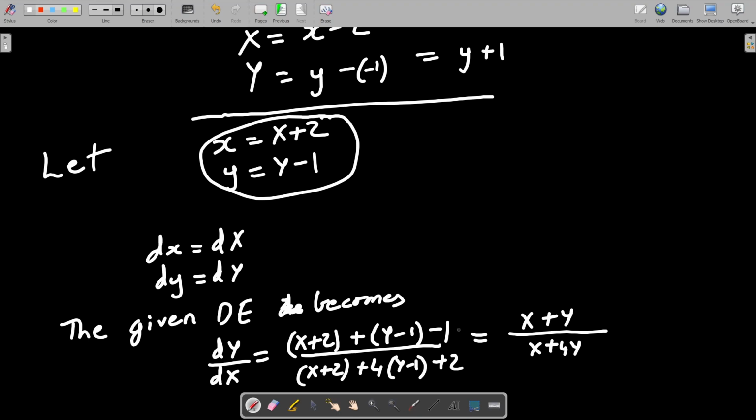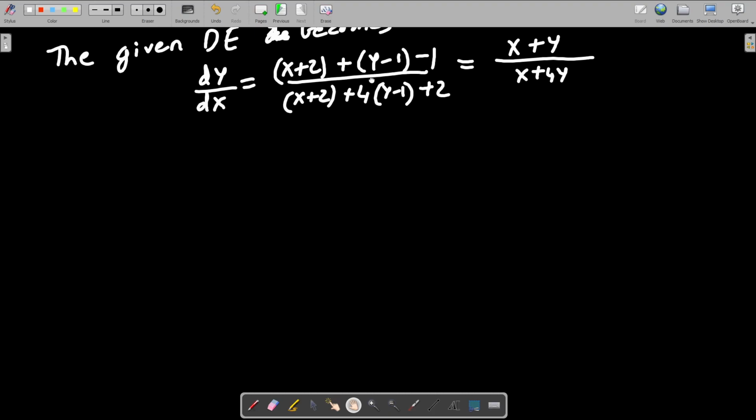But if you directly replace small x with capital X in the given differential equation, you will not know that you have made a mistake. You will continue solving a wrong problem only. Then your final answer will come with a mistake. So the given equation becomes this, which is dy by dx.